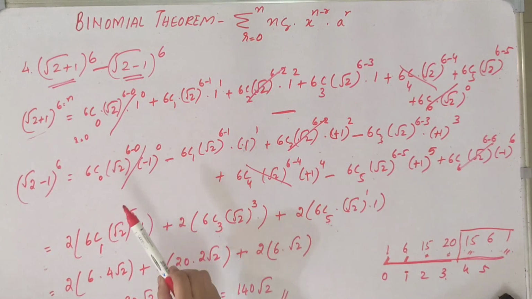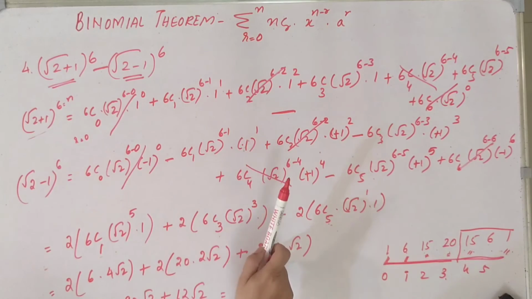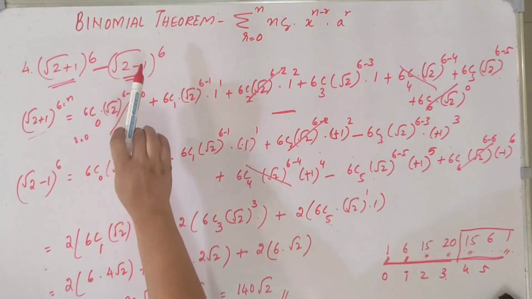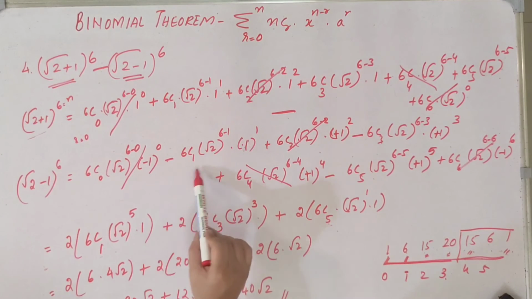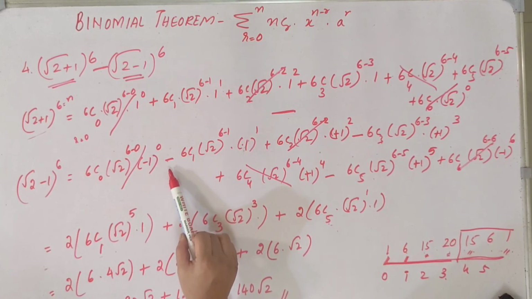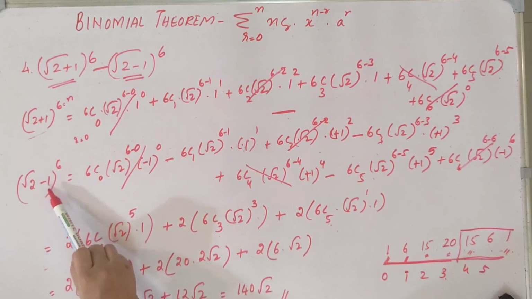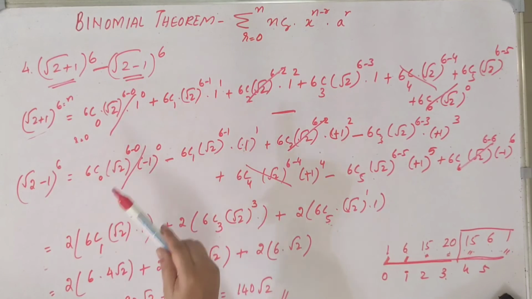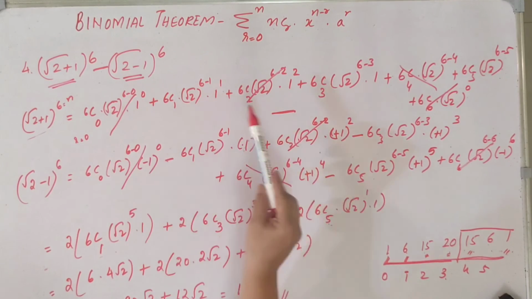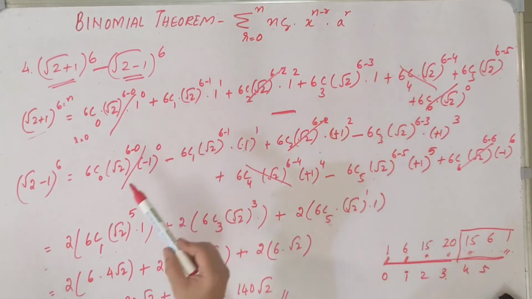Second, let's check if we can cancel any of the terms. Whenever there is subtraction and the second term is negative, I've always told you that in this expression every alternate term is going to be negative. That's tip number 1. And when you're cancelling, just remember that there's always going to be a minus sign here.